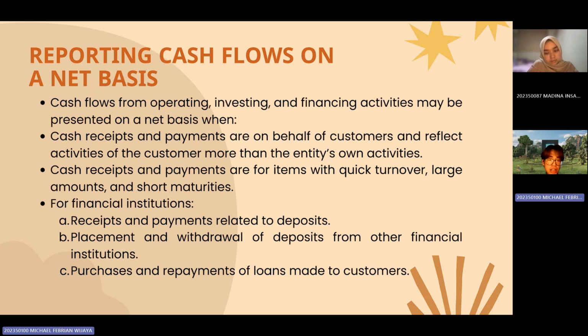For financial institutions, the first one is receipts and payments related to deposits. The second one is placement and withdrawal of deposits from other financial institutions. The last one is purchases and repayments of loans made to customers. Reporting on a net basis simplifies the cash flow statement when detailed gross reporting would not provide additional value.